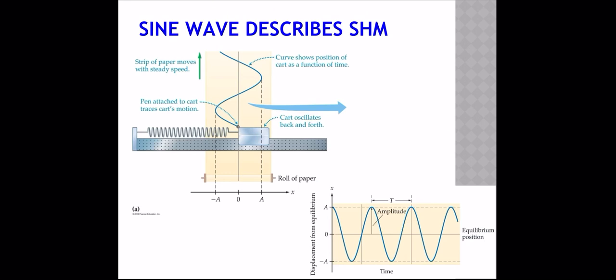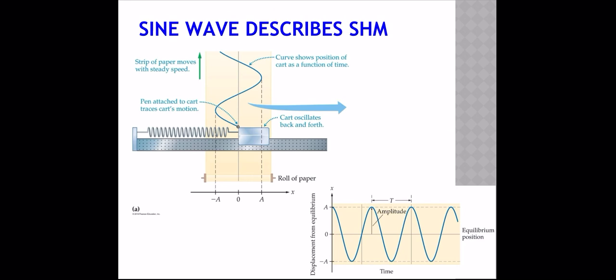So the position-time graph of an object that is in simple harmonic motion creates a perfect sine wave, much like an actual wave does, whether that be in water or a pulse on a slinky, that type of thing. So that's an important connection to make here, is that the rate at which that mass on a spring is changing position perfectly describes that up and down sinusoidal wave that you see there.